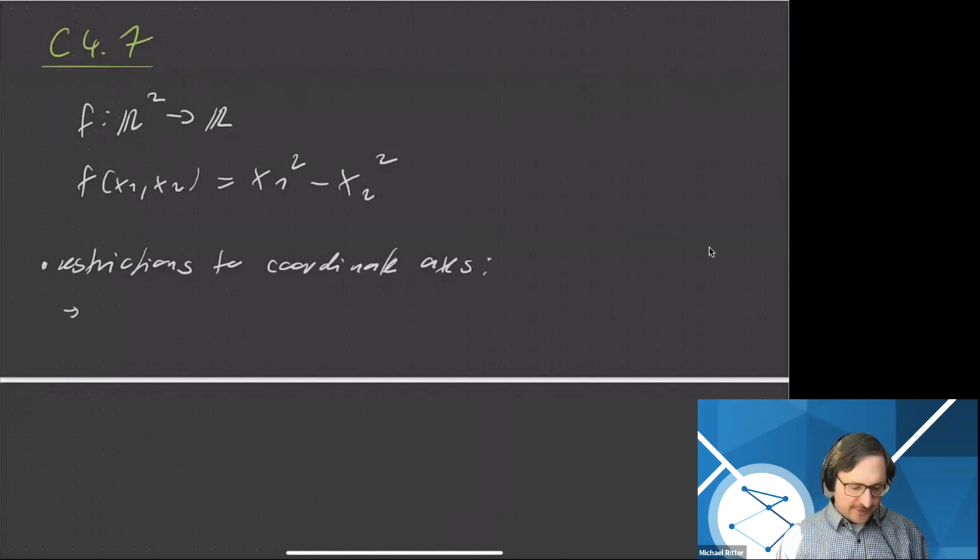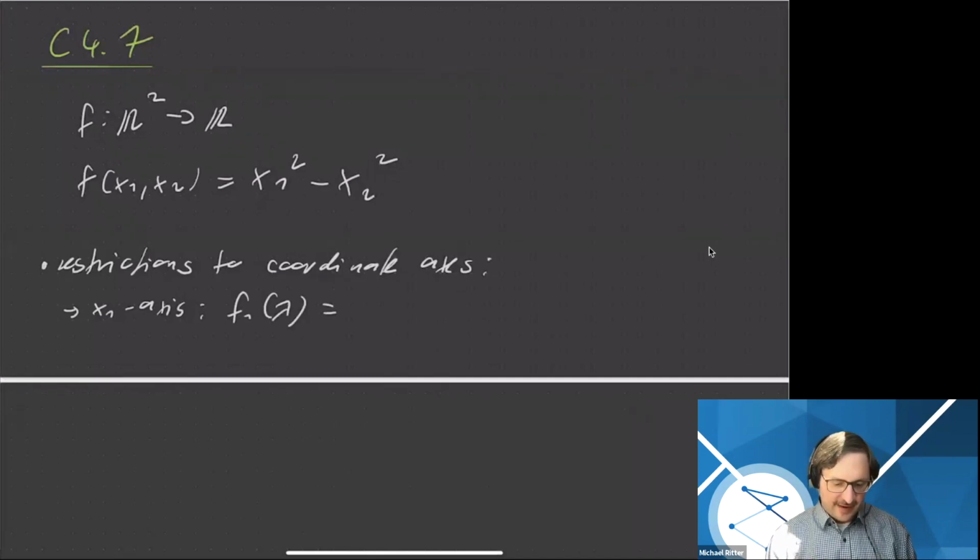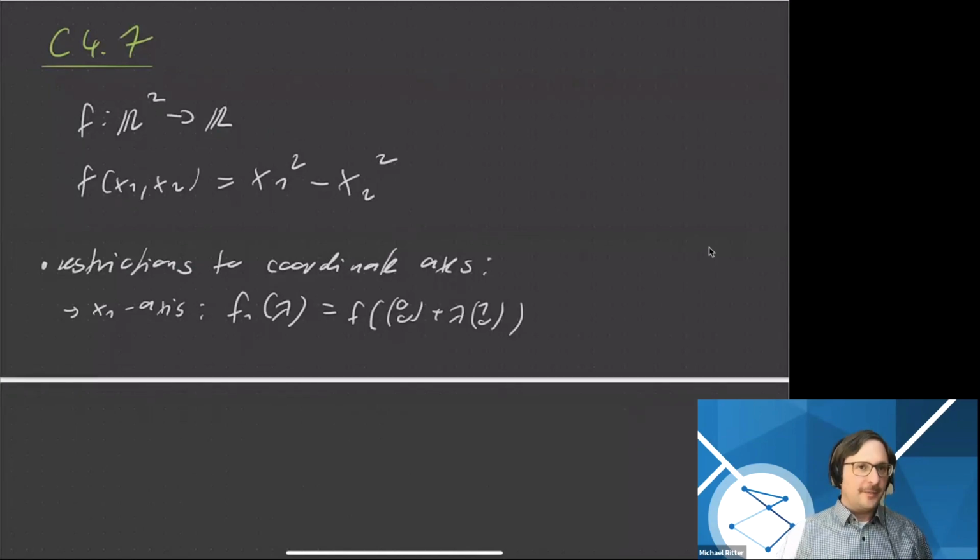Okay, so if you want to restrict the graph to the x1 axis, then basically what we do is we consider the function f1 of lambda, that's just defined as f evaluated along the x1 axis. And the x1 axis is basically just the origin plus a line in the direction of (1, 0). So lambda is the parameter that takes us along this line.